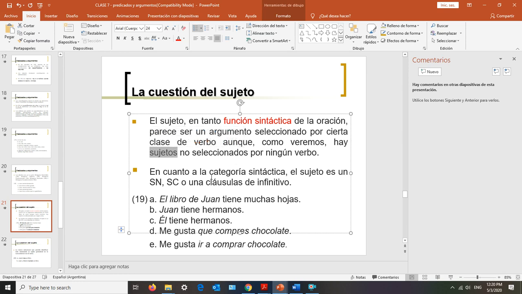In terms of the syntactic category that this function is associated with, we can come across a noun phrase, a pronoun, or an infinitive clause.